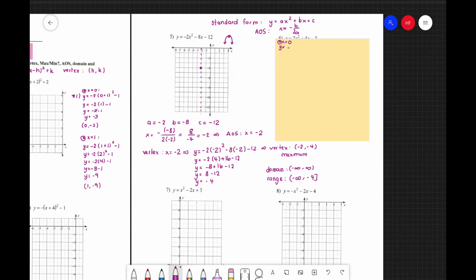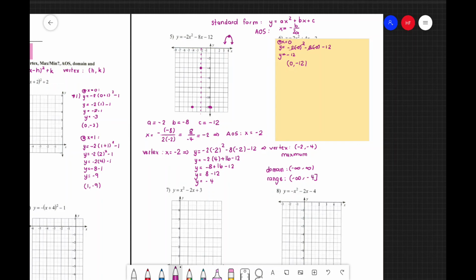So y would equal negative 2 times 0 squared minus 8 times 0 minus 12. Y would equal, that cancels, and that cancels because we're multiplying by a 0, negative 12. So at x equals 0, we're at 0, negative 12. I know that I'm going to reflect across this line, so my other point can be over there.